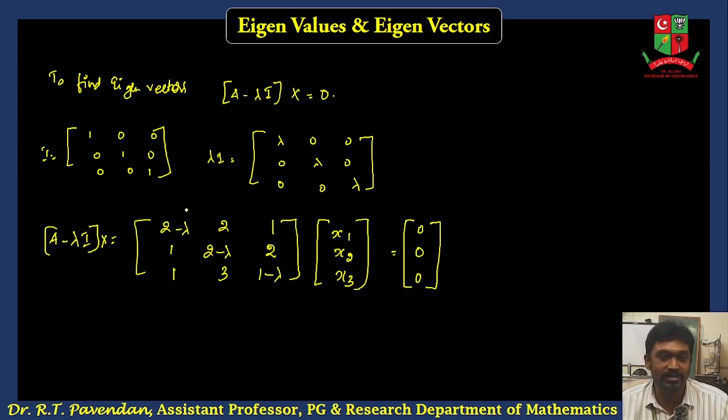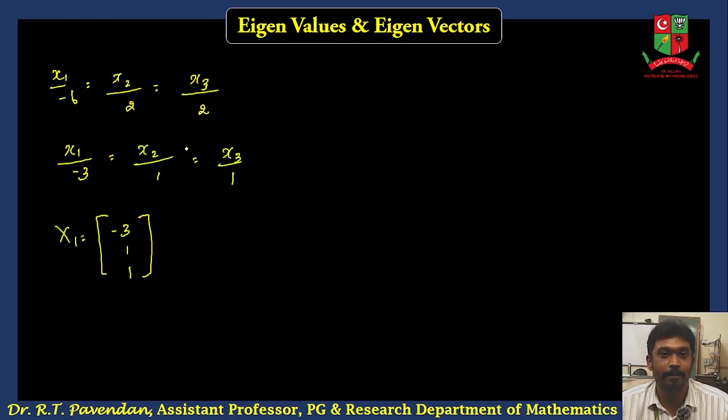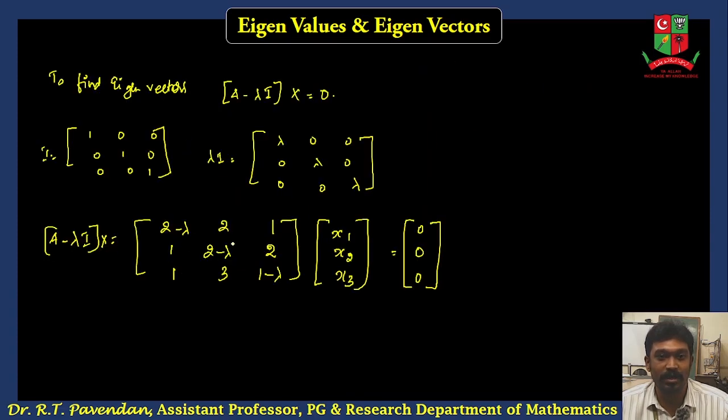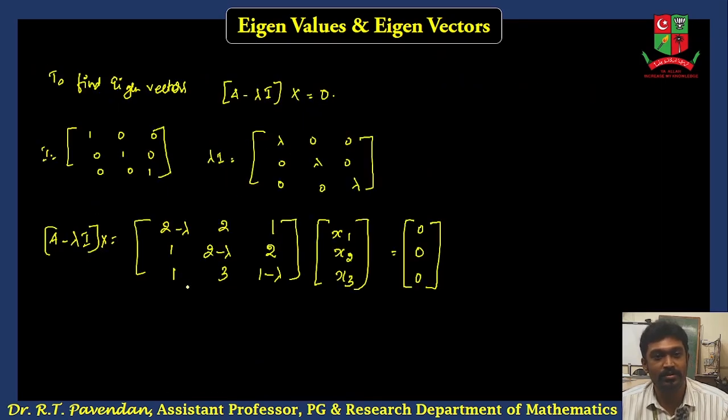So the first row is 3, 2, 1. The second row is 1, 3, 2. And the last row is 1, 3, 2 again.